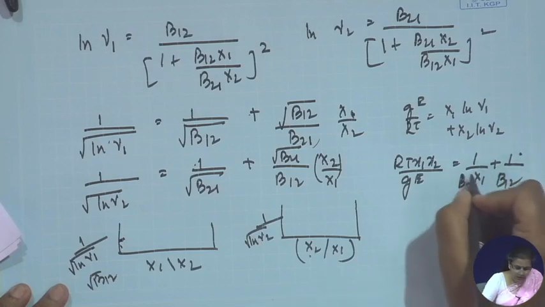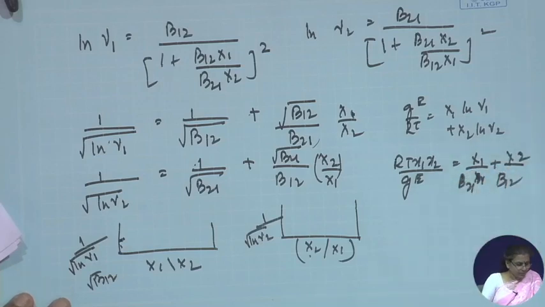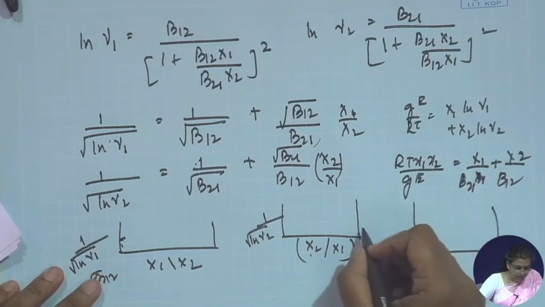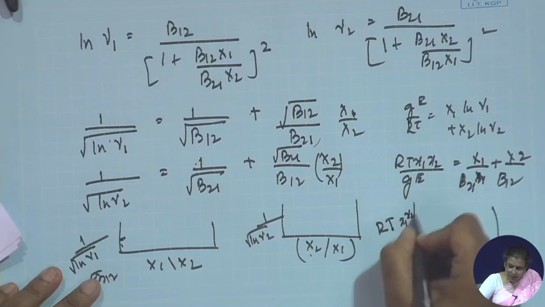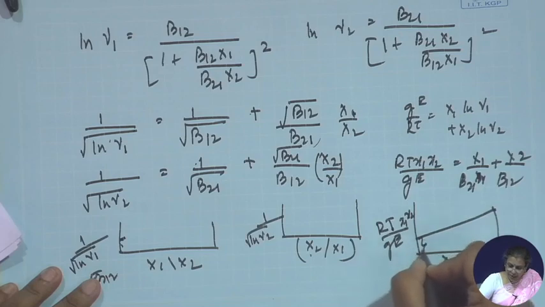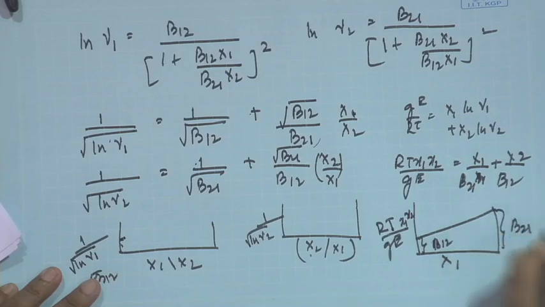So if we plot RT x1 x2 by GE as a function of x1, we get a straight line whose intercept here will be B12 and the intercept there will be B21.